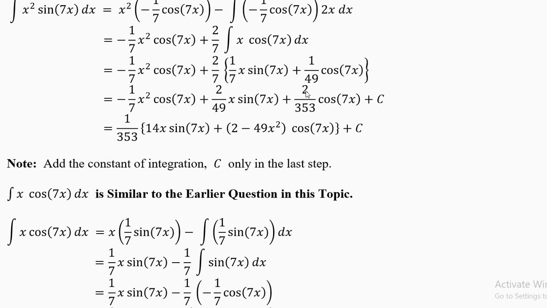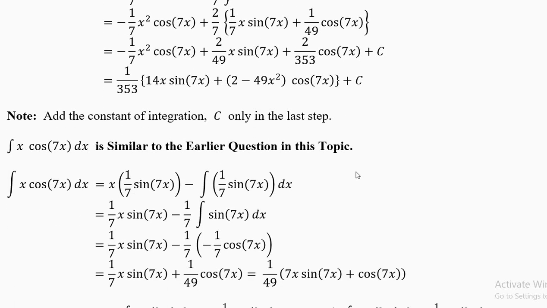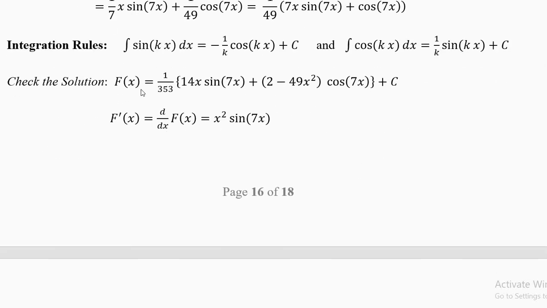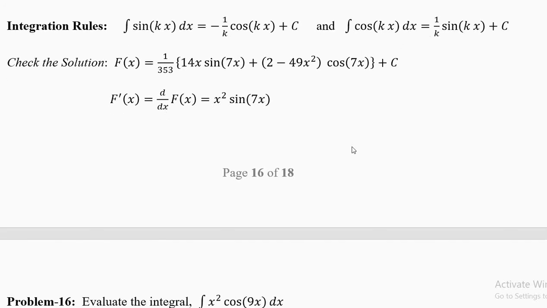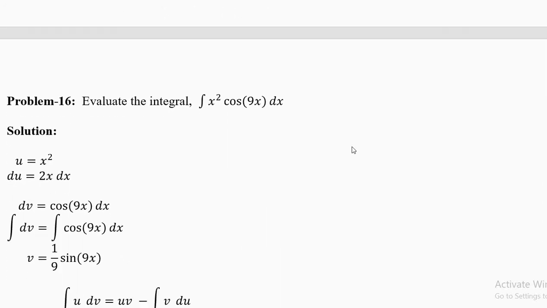Then you'll get 2 minus 49 because there's a 2 cos 7x here, so you'll get 2 minus 49 x square in bracket cos 7x outside, and here you multiply with 7, you'll get 14x sin 7x. This is how your machine algebra will look if you use some software for doing this type of question. Then you differentiate and check the answer, which we have done for all the questions in this semester.